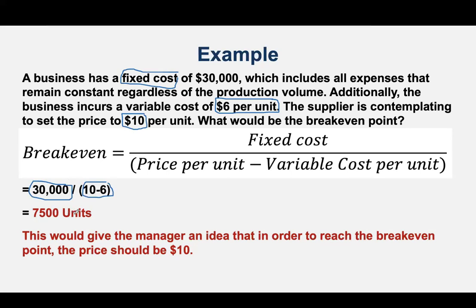Which means in this case, with all these contingencies, if the supplier makes 7,500 units, that will be the break-even point, which essentially means that at 7,500 units, profit is equal to zero. If they make less than 7,500 units, they will be in a loss. If they make more than 7,500 units, that will be a profit.